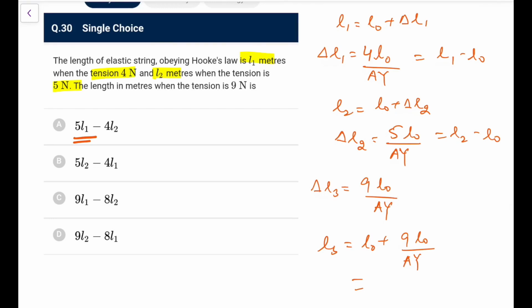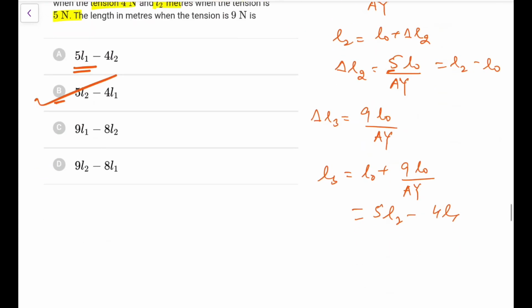So L0 would be there, and 5 fours are 20, and 20 minus 20 will cancel out, so it won't be possible. So 5L2, if I do that, 5 fives are 25, 25 minus 4, that is 16 will happen. So it would be 5L2 minus 4L1. You can try the combination. This is option B, that is going to be the answer.